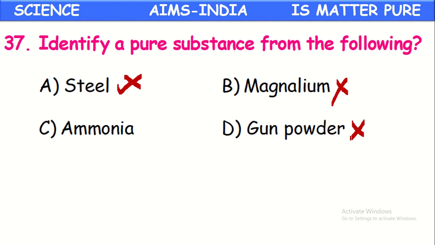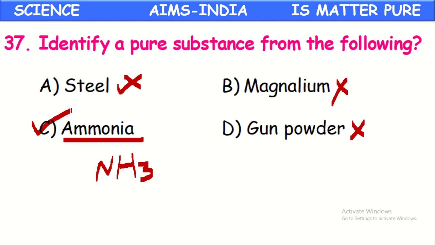Gunpowder is a mixture of sulfur and a carbon component, charcoal, and so on. So it is also a mixture. Ammonia, yes, ammonia is a compound. It is not a mixture. Its formula is NH3. So it is a compound, which comes under a pure substance. So ammonia is the pure substance among these four.